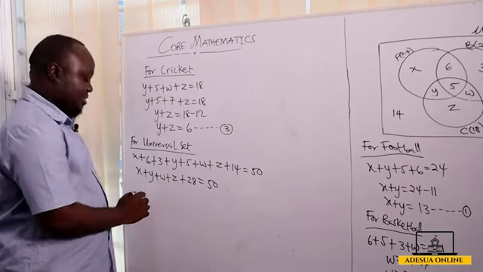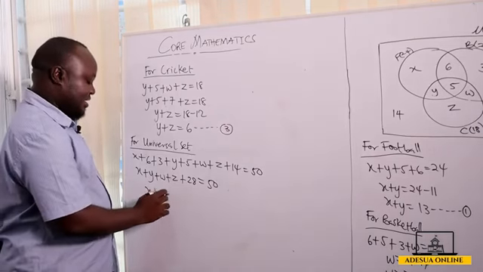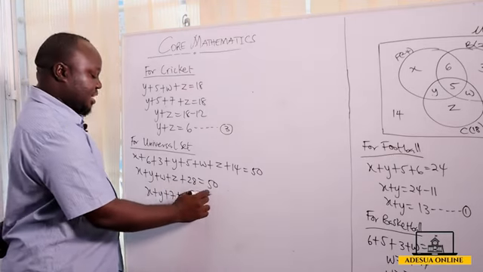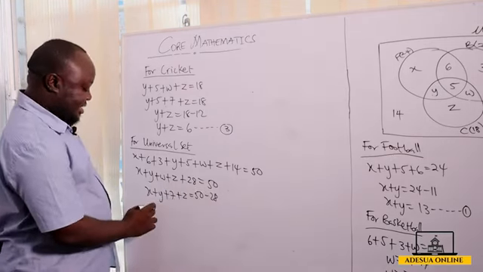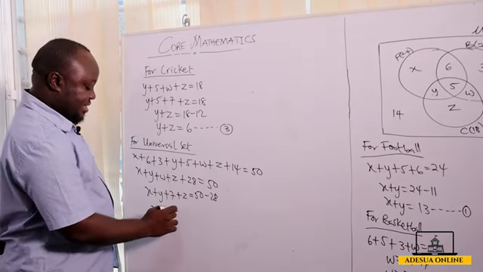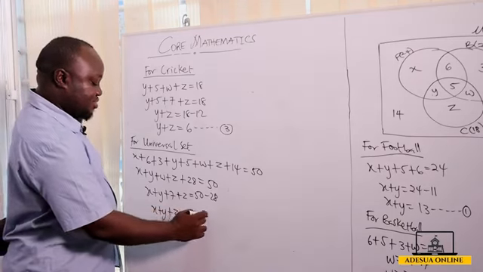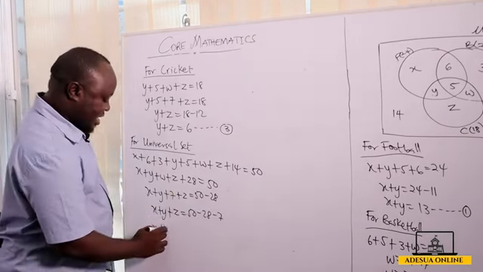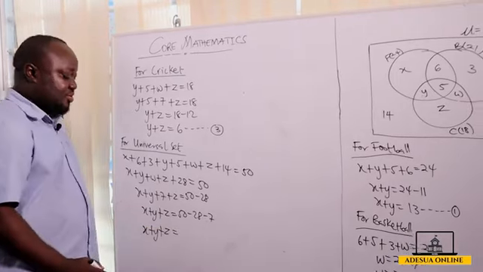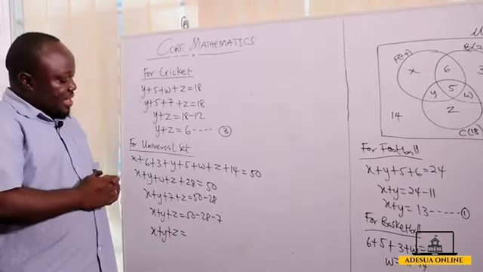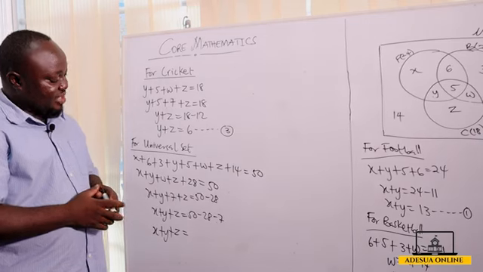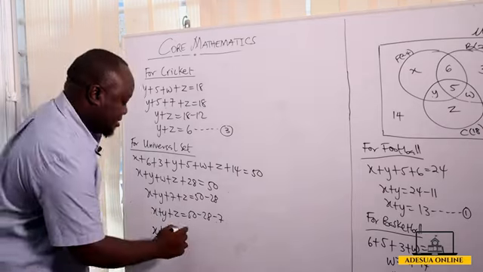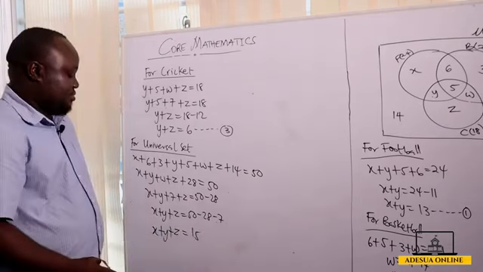So x plus y plus 7 plus z will be equal to 50 minus 28. So x plus y plus z is equal to 50 minus 28 minus 7, which is 50 minus 35. So we shall have 15. This is equal to 15.